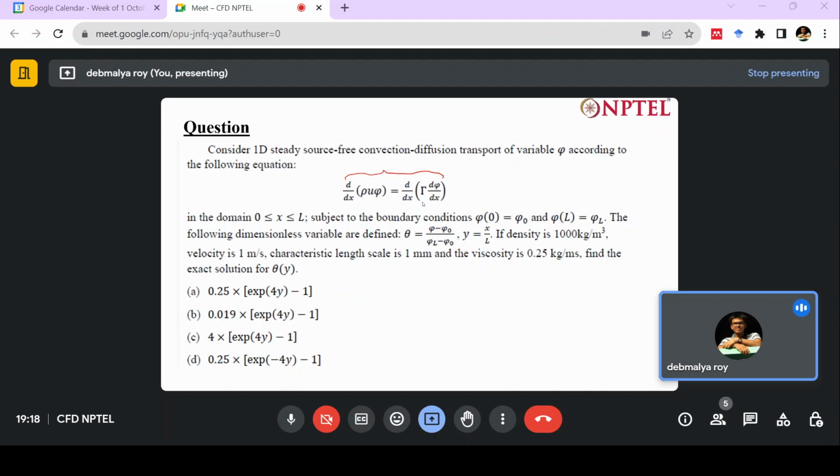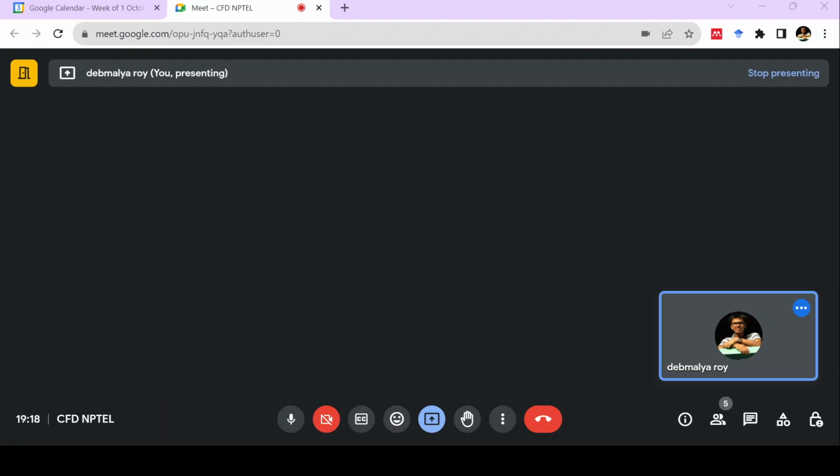So it's simply a one dimensional convection diffusion equation. This is the convection part on the left hand side, and this is the diffusion part. Please have a go at this equation.